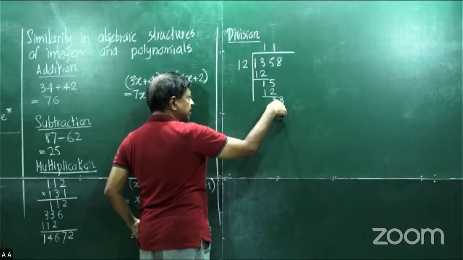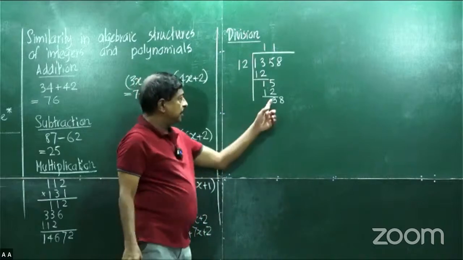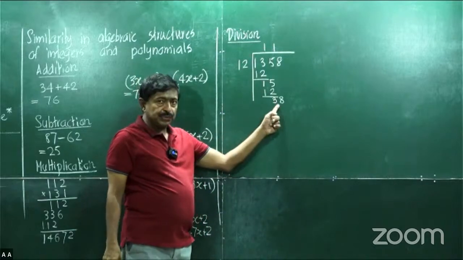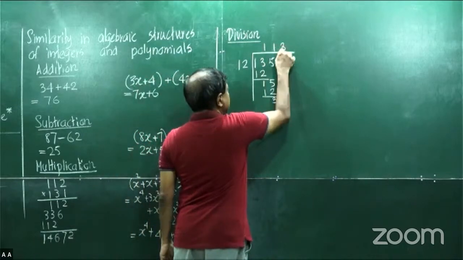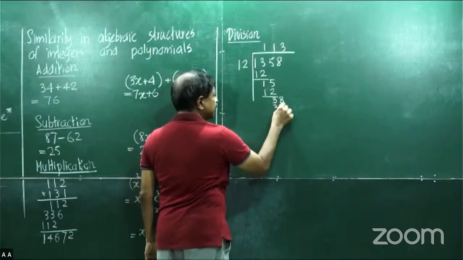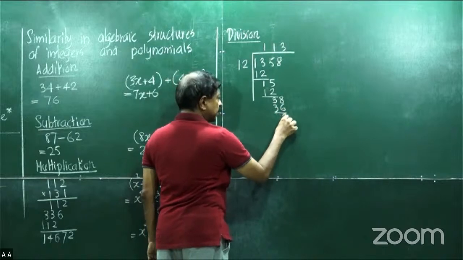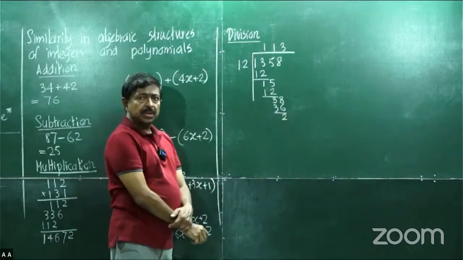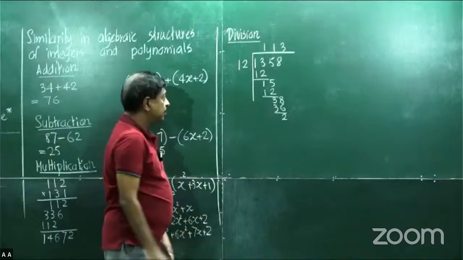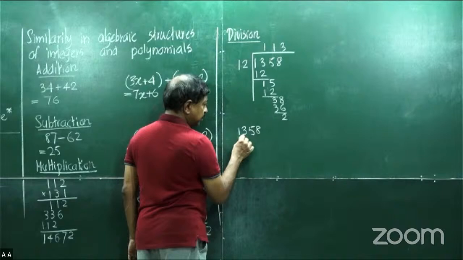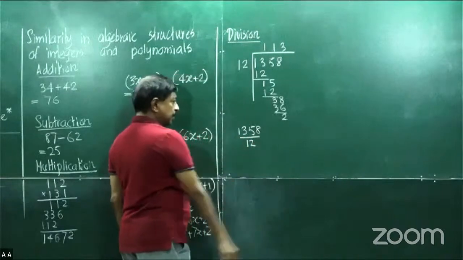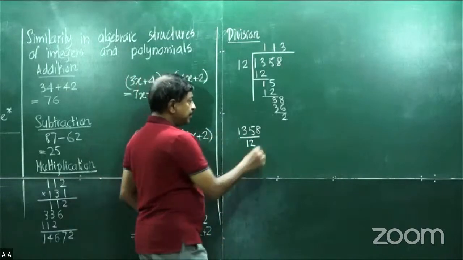So for 38 and 12, there are 3 twelves for 38. Therefore, write 3 up there. 3 times this, 36. So the remainder is 2. You can write the answer like this. 1358 divided by 12. It's an improper fraction.